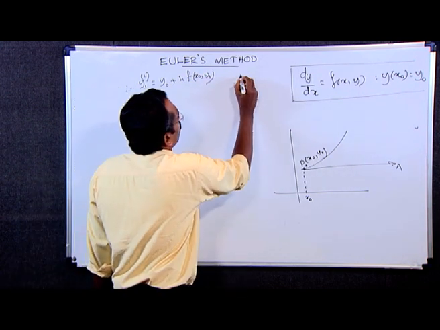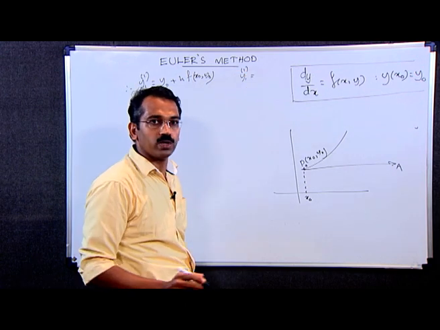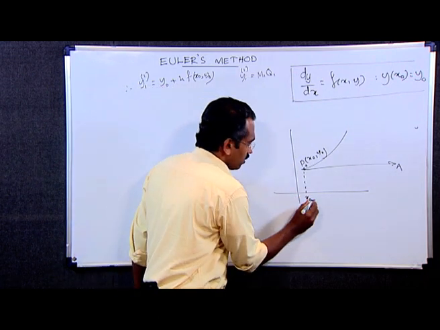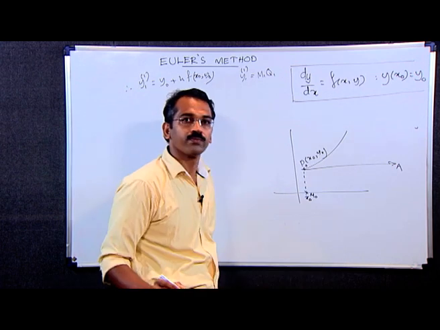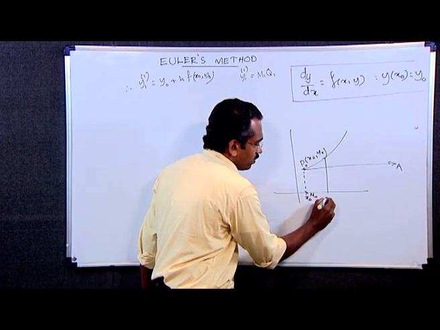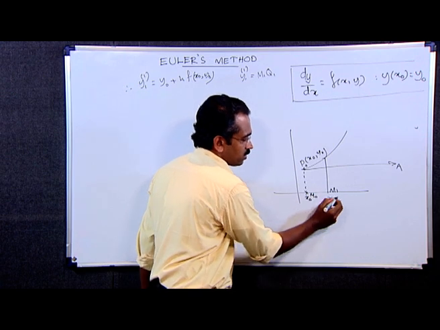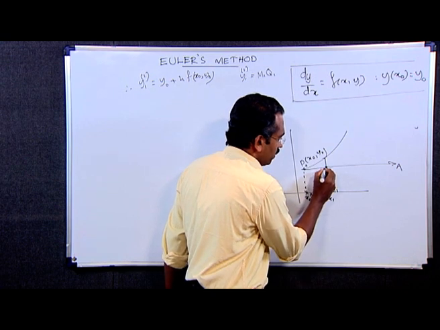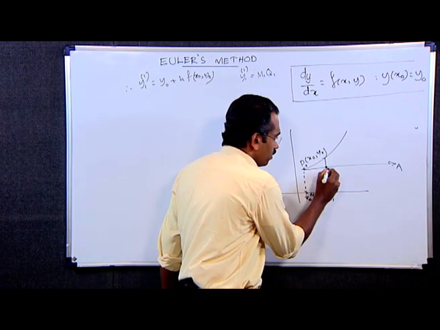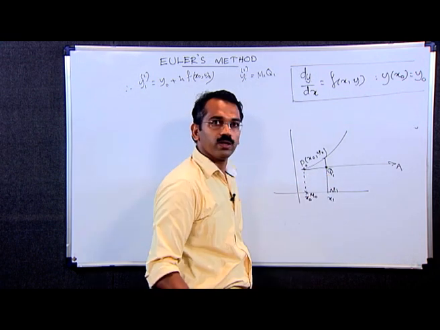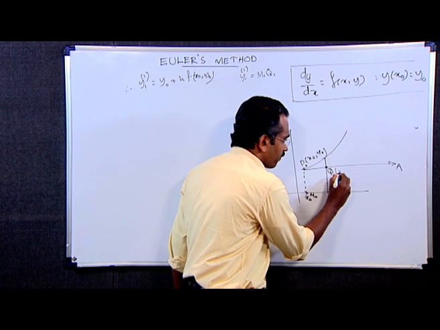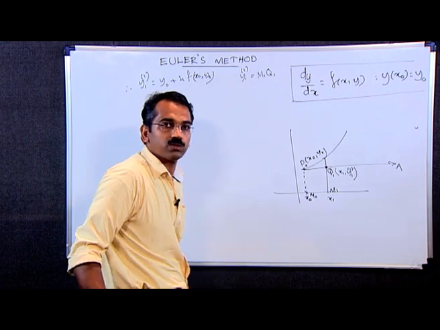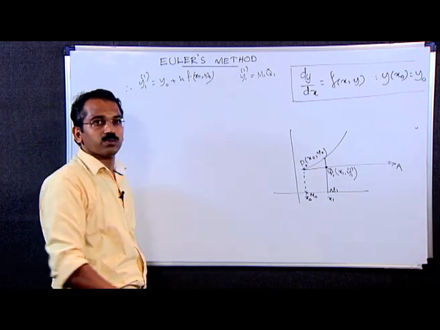Here, this is the point M naught, and this is the point M 1 corresponding to x 1. This point x 1 y 1 superscript 1 be denoted by Q 1, as x 1 comma y 1 superscript 1, which is the first approximation by this Euler's method.